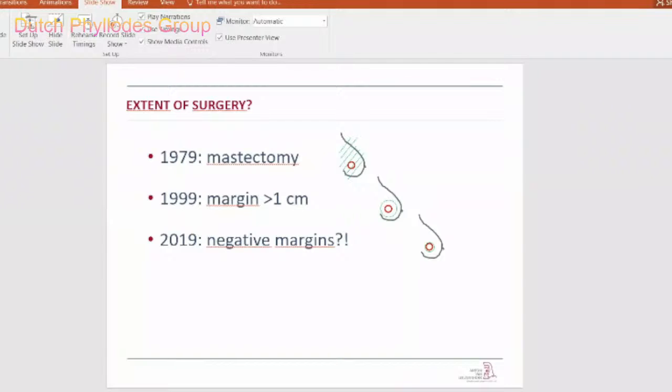Then the next step is that we try to achieve negative margins. I will go more into depth in the coming slides. And maybe in the future we will accept no margins at all, or who knows, maybe we can even refrain from surgical treatment for some Phyllodes subtypes. We're not there yet, though.